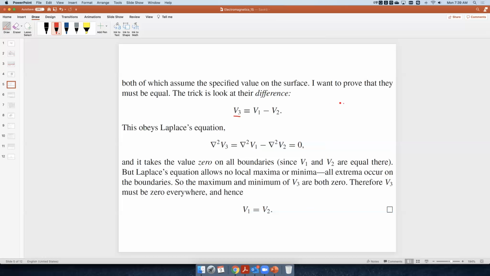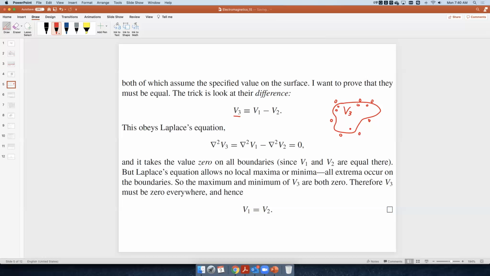Let's say you have a boundary of V3 and at the boundary you have 0 values everywhere. If it's 0 everywhere on the boundary and there's no local minima or local maxima in the entire region, then you have to have 0 everywhere.